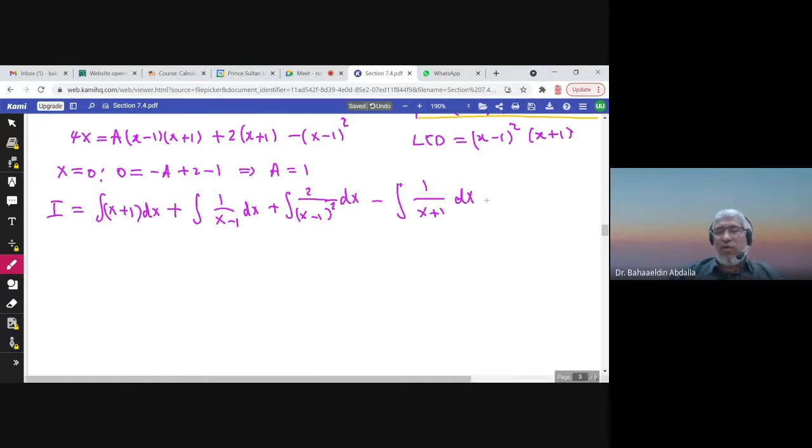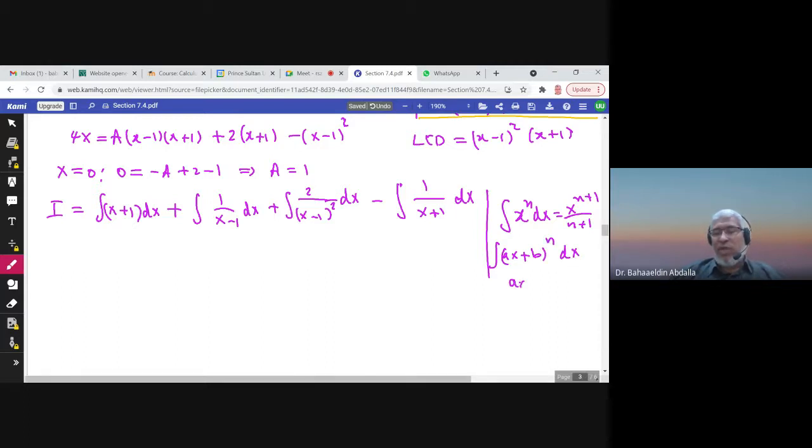Well, we know that the integral of x to the power n is x to the power n plus 1 over n plus 1. So if we have, instead of x, if we have (ax plus b) to the power n, also the integral would be easy.